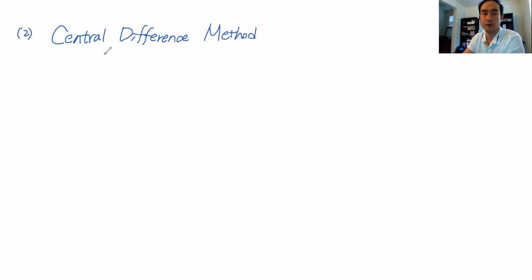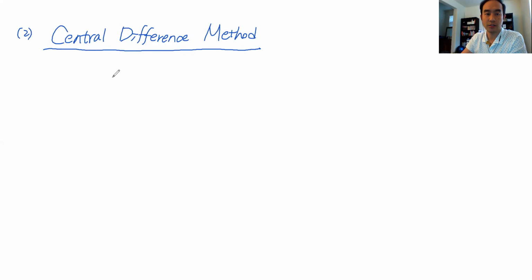the second method was the central difference method. Okay, so this is the name of the method when we apply the approximation onto the time derivatives of displacement, which is v, the velocity, and acceleration a, right?